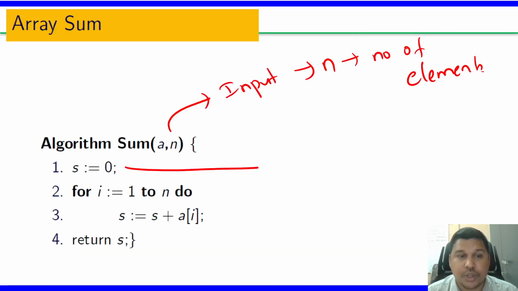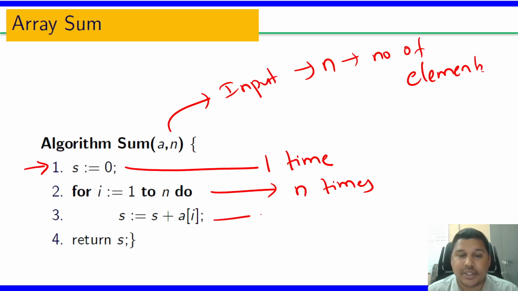Step 1 will be executed one time. Next, for i equal to 1 to n, this will be executed n times. Next, s equal to s plus A of i will also be executed n times. Return will be executed one time.